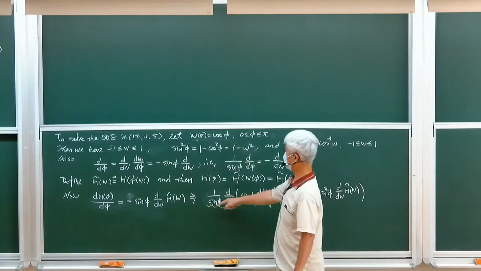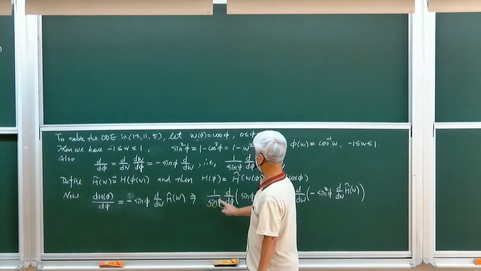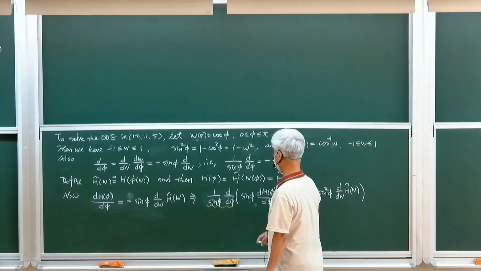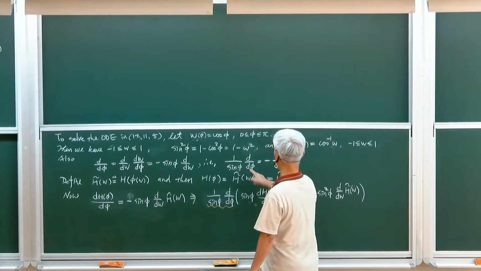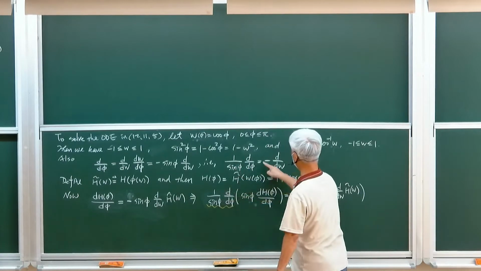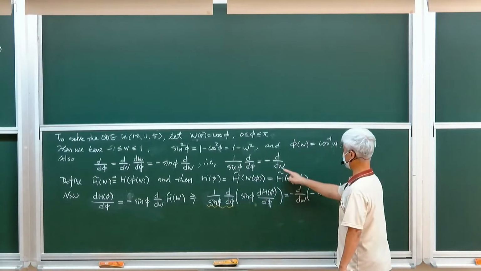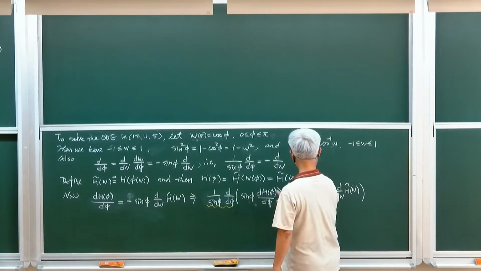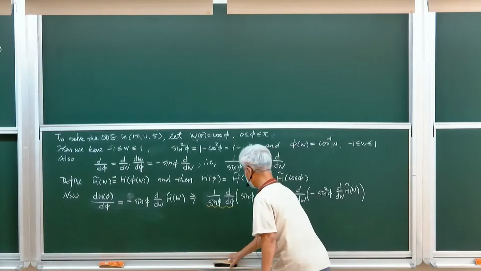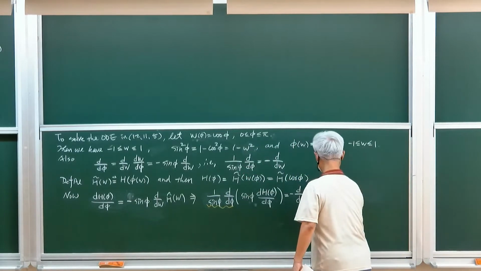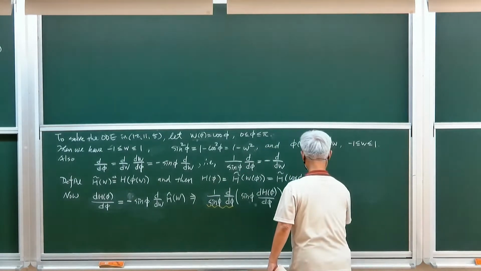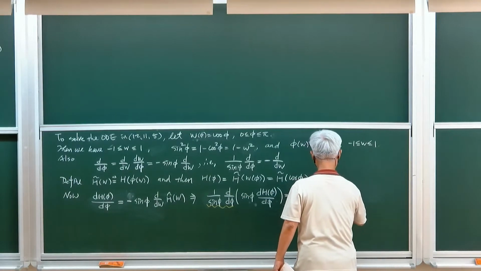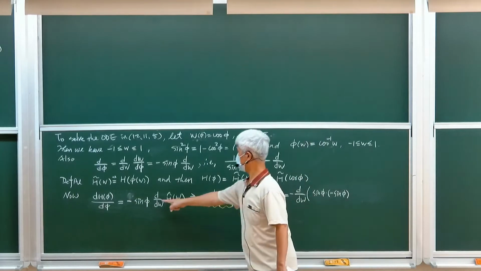Because this one is equal to minus d/dw, and inside the bracket, this is sine phi times minus sine phi.